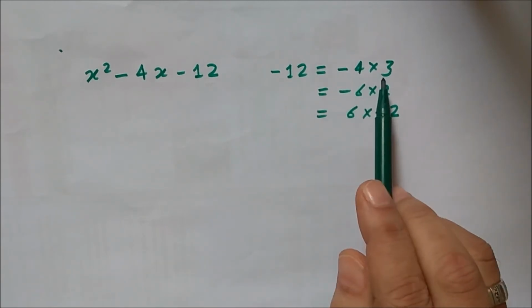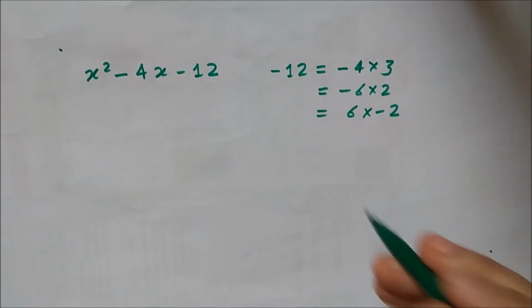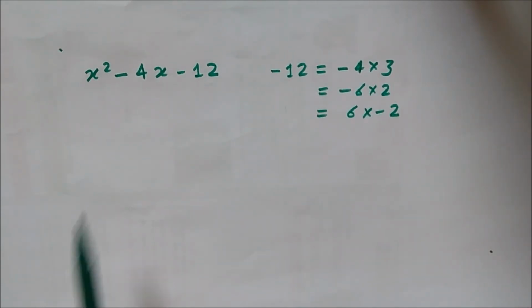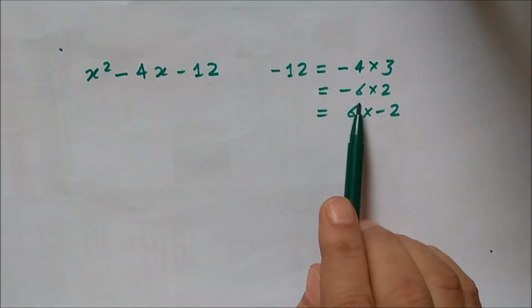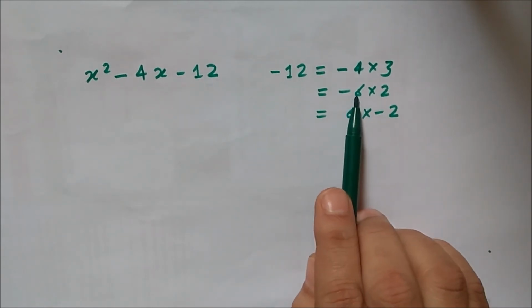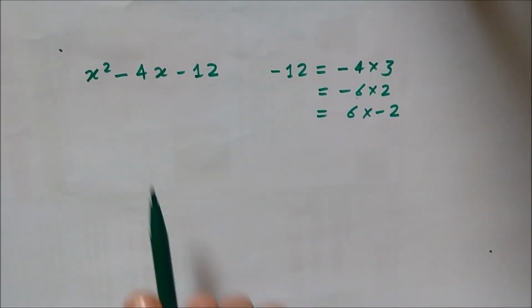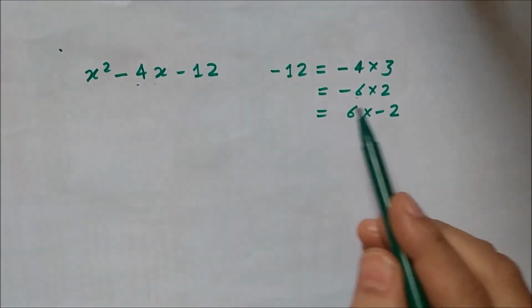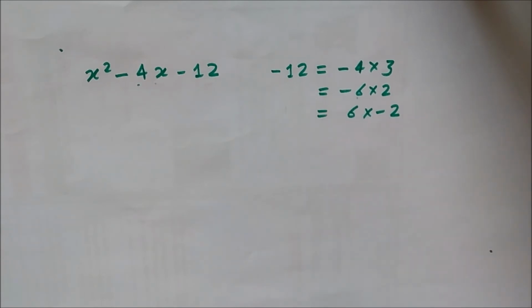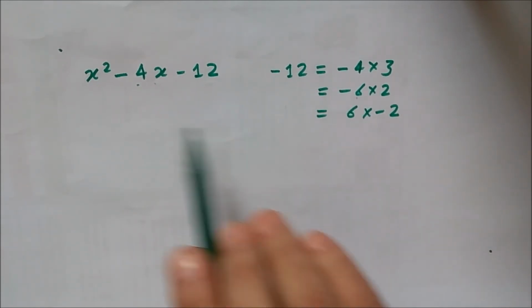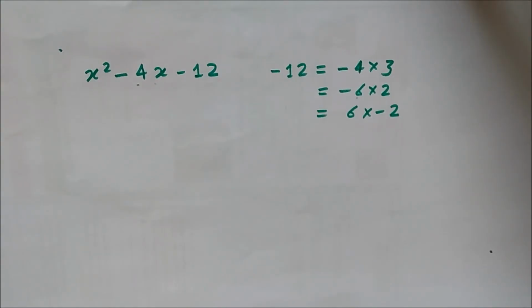If we have minus 4 into 3, the sum of these two terms, minus 4 and 3, comes equal to minus 1, which is not equal to the middle coefficient. Now we take minus 6 and 2. The sum of these two terms, minus 6 plus 2, will be minus 4. So we can decompose this term as minus 6x and plus 2x. If we take 6 and minus 2, it becomes plus 4, which is not our intended number.